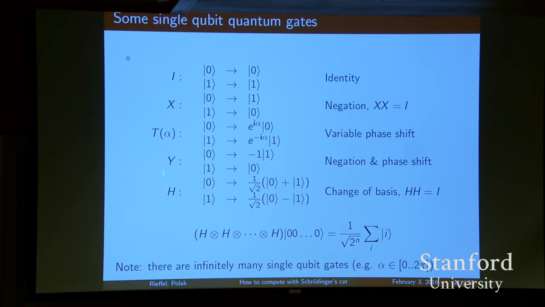That's something that you cannot do on a classical computer, obviously. And the other thing to note here is that this is really a family of an infinite number of gates, because you can do this for any alpha. You can combine multiple transformations, so this would be negation and a phase shift by 180 degrees.